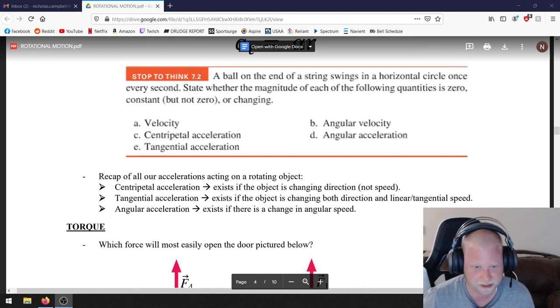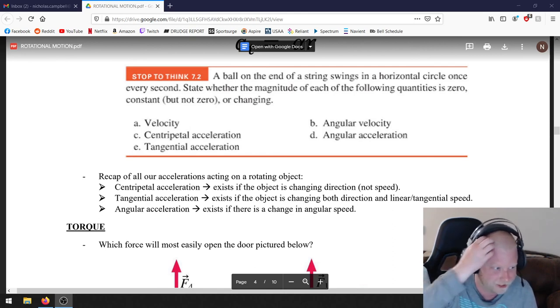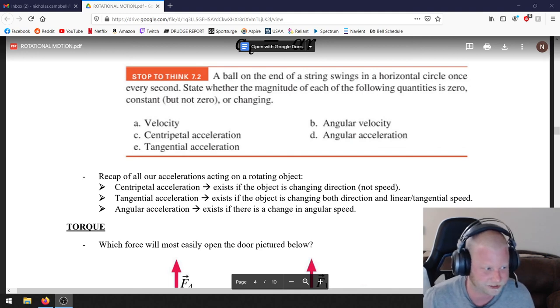D, angular acceleration. Angular acceleration would be 0 because the angular velocity is constant. And E, tangential acceleration, that would be 0 because the linear velocity of the object is constant. So the answers again would be changing, constant, constant, 0, 0.